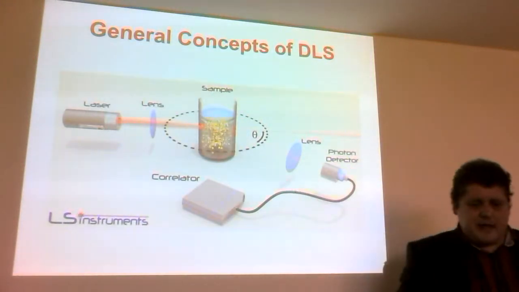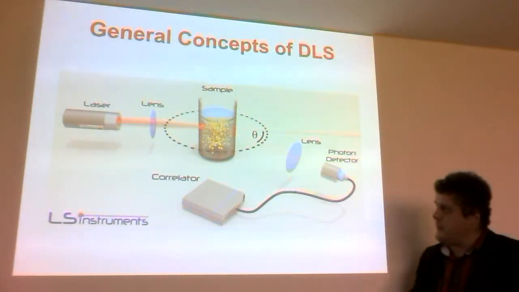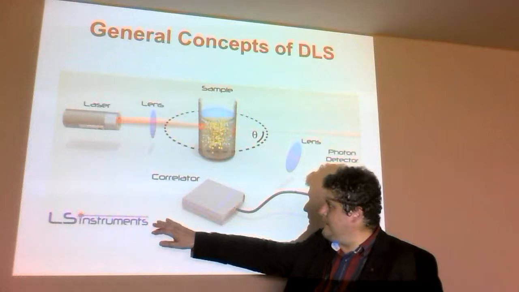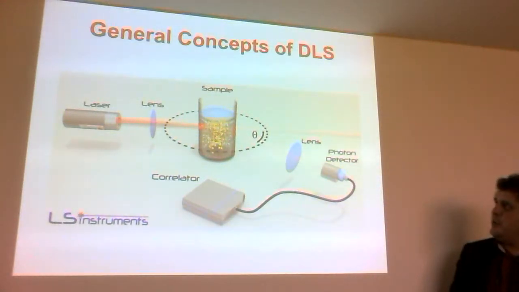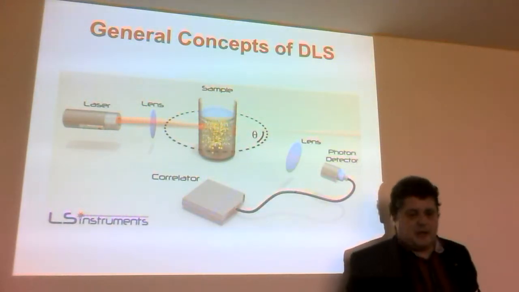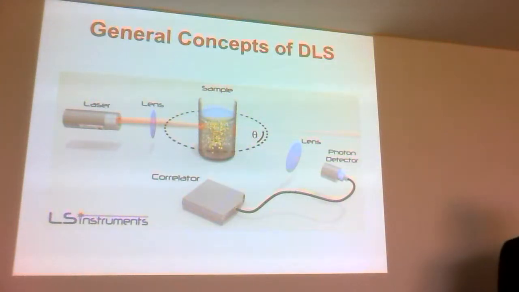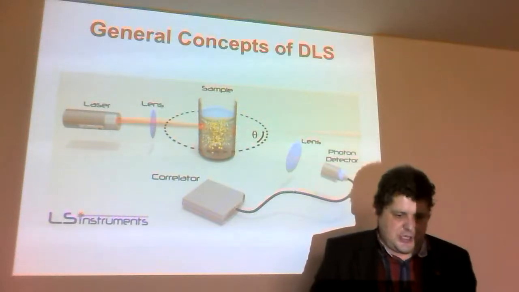There were a number of applications of these technologies, and a number of companies developed so-called correlators that could be used for detection and analysis of the scattered light, and explain how the size of the particles changes.